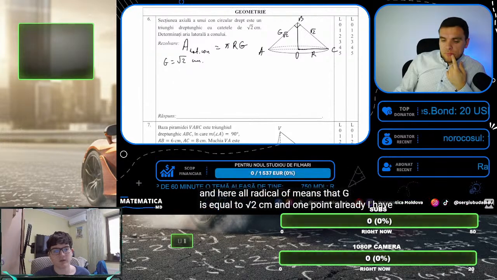So we got G is square root of 2. Actually, it's the whole triangle, not with the height. So we got square root of 2, square root of 2. Now, this is harder, but I think there's some theorem based on this.